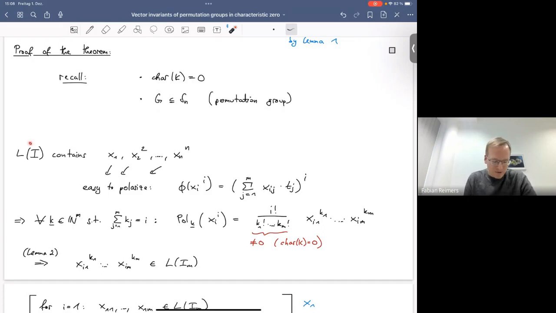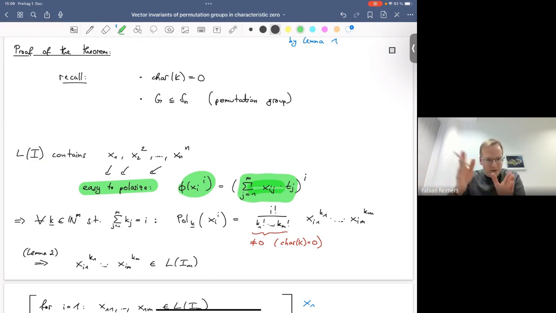So because we have a permutation group, and because the Hilbert ideal for Sn was so easy, we know that the lead ideal of the Hilbert ideal contains these monomials, and they are very easy to polarize. This is just one variable to some power, which is easy to plug into our map phi, the K-algebra homomorphism that defined the polarization. We use the sum over the different sets of variables, each with a new indeterminate tj, and we just multiply this out with the multinomial theorem.